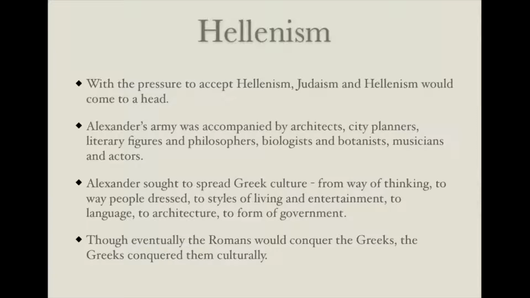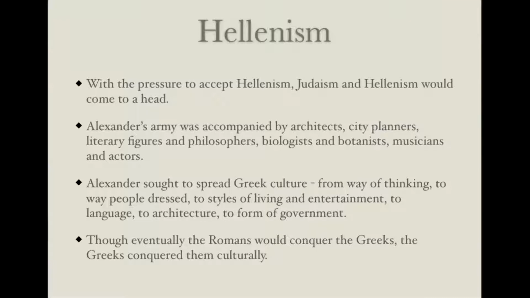Part of this was because he wanted to spread Greek culture: the way of thinking, the way people dressed, their lifestyles, city plans, architecture, language, entertainment, forms of government, right? He was trying to influence them to think about having different priorities, values, ways of problem solving, religion, philosophy, norms of behavior.